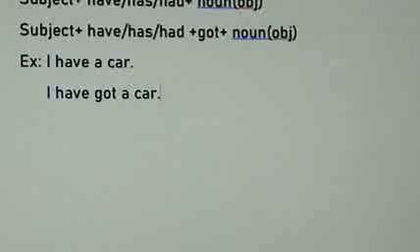But if we use got along with have, it improves the meaning of that particular goods, or particular things, right? You can note it down as well over here.